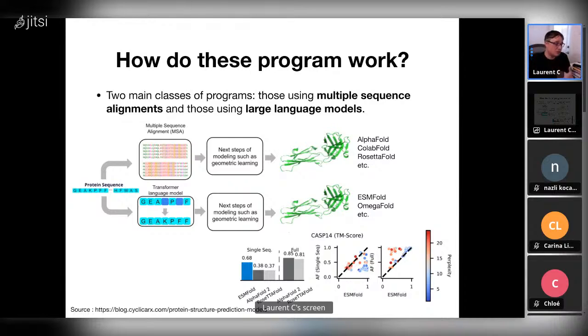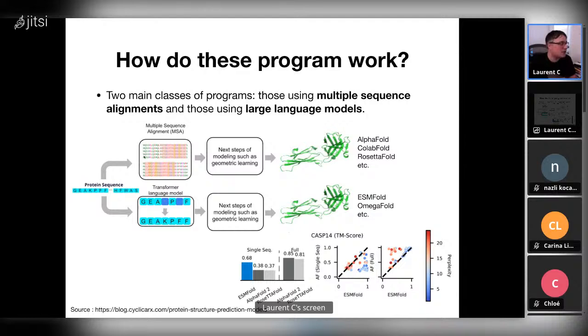So using practically billions of sequences, you are able to learn something about the structure of proteins. So in those cases, all you need to do a prediction is one sequence, your sequence of interest, and you will be able to obtain a predicted structure from this sequence.